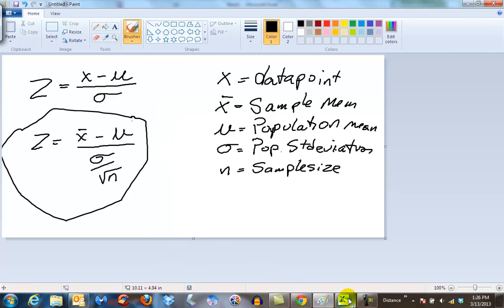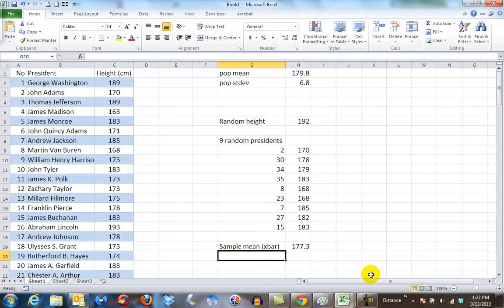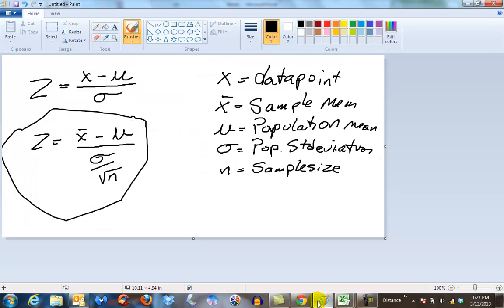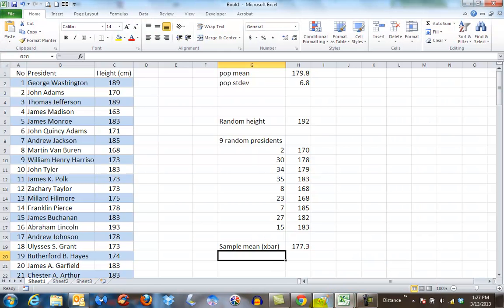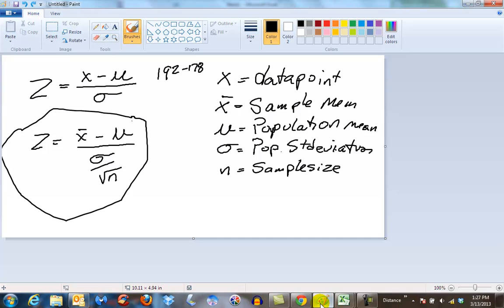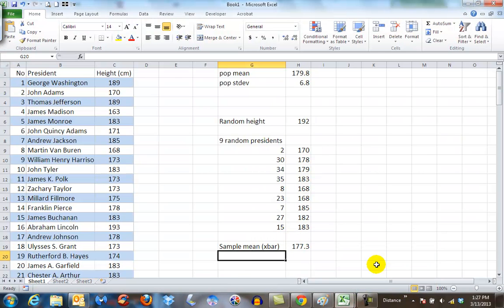I need to get my graph back. 192 minus 179.8, you have to remember those, right? 179.8 over 6.8.